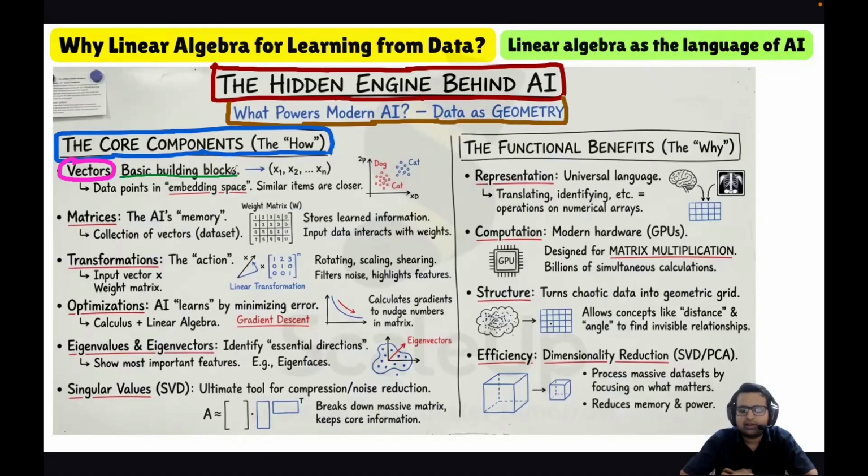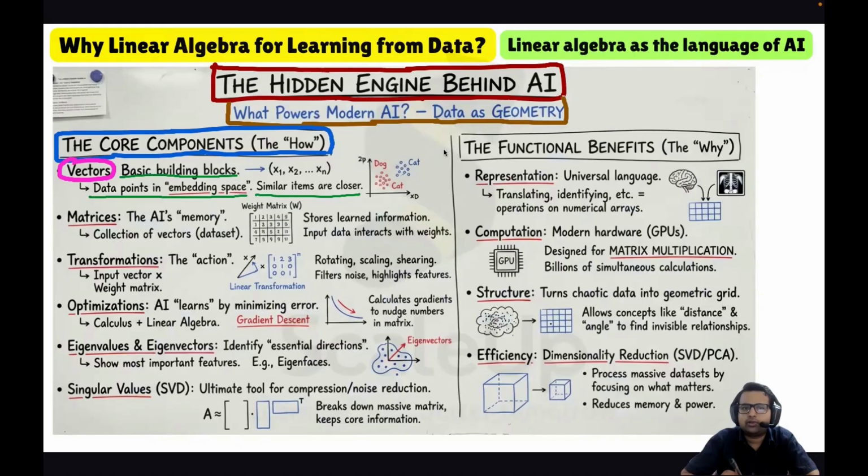So whether we are talking about a word, a pixel, or a user preference, every piece of data is converted into a vector. This places the data at a specific point in a multidimensional embedding space where similar items are mathematically closer. If we represent the data in the form of vectors, then the items which are related to each other will also be mathematically close.